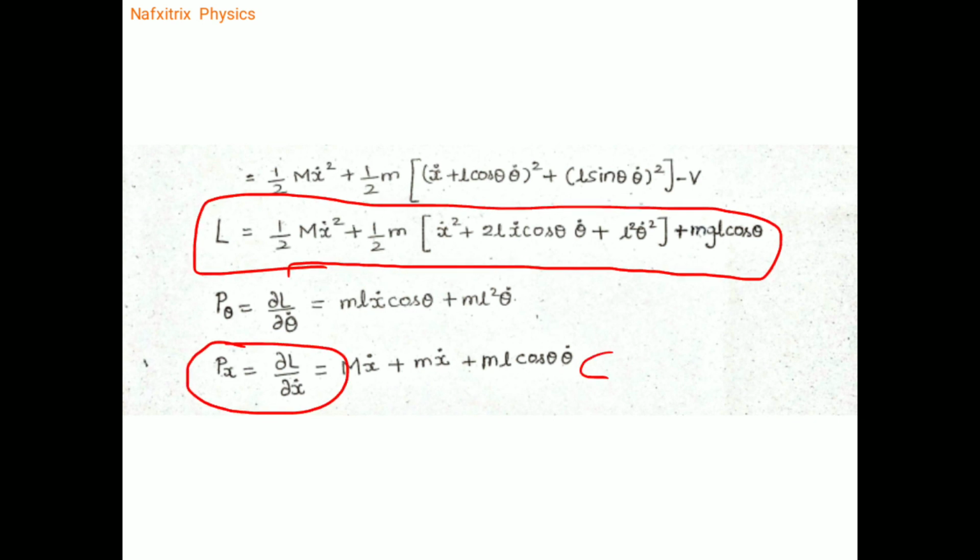That is, px is conserved because the Lagrangian is not depending on the x variable. But p theta is not conserved because cos theta is present here, and here also theta, so it is depending on the theta coordinate but not on the x coordinate, hence p theta is not conserved. So this is the conclusion we are getting from them.